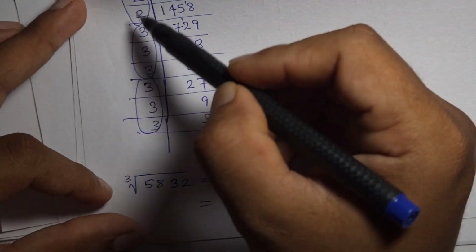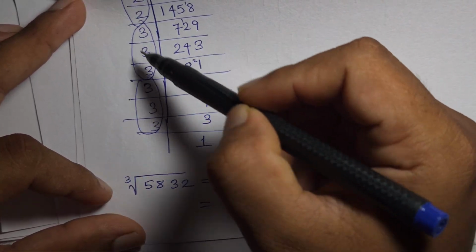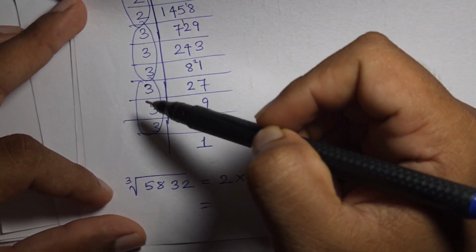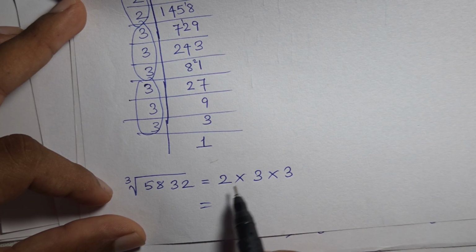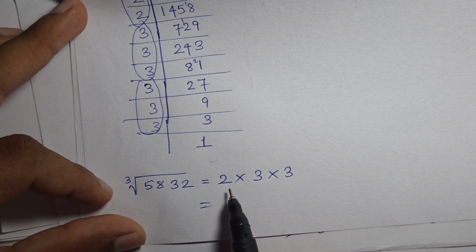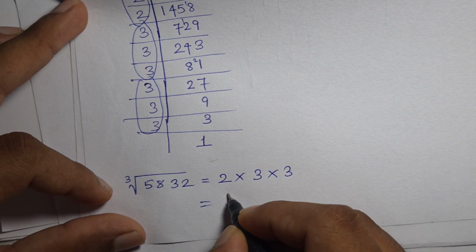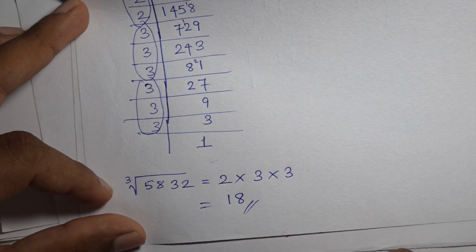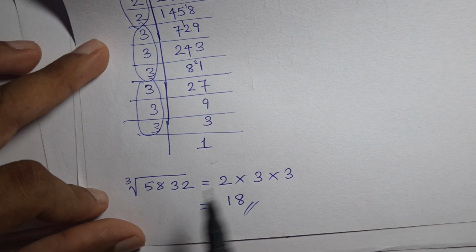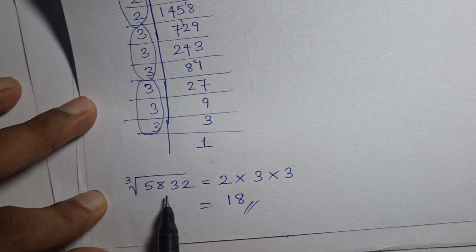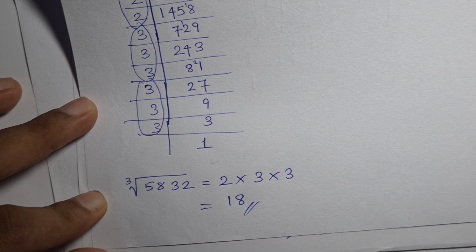Because I am taking only one number from this group, one number from this group, one number from this group. So 3 threes are 9, 9 twos are 18, correct? The answer is 18. So cube root of 5832 is 18.